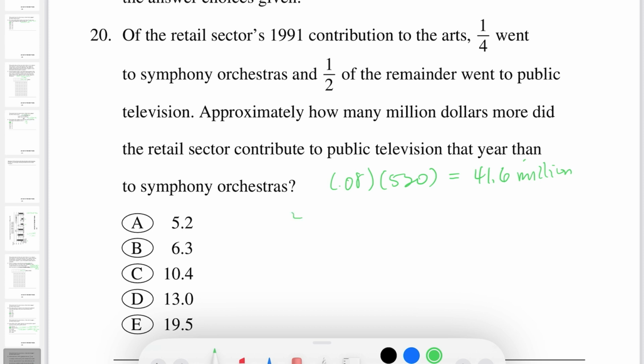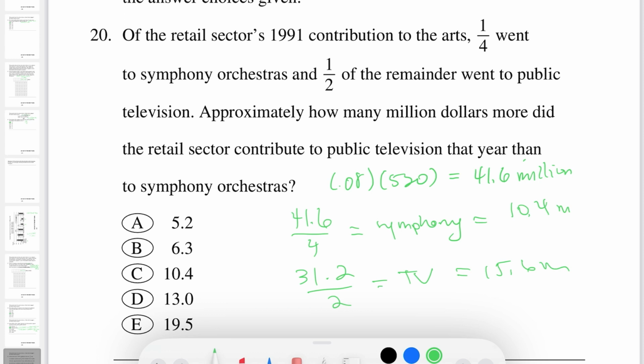A quarter of that went to the symphony, which is $10.4 million, and what was left, a half of what was left. So to find what was left, we're going to do 41.6 minus 10.4, which is 31.2 million is left over, and a half of that went to public television, which is 15.6 million.